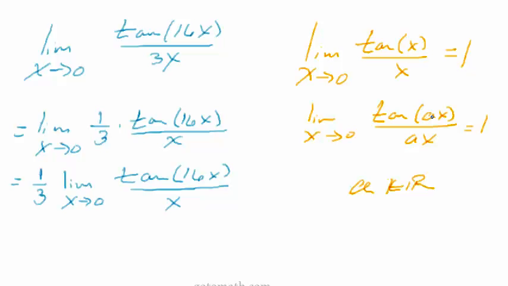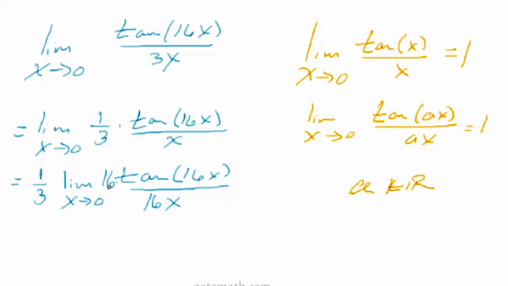Now when we look over here, whatever's in the parentheses right here, if the same thing is down here, we know if we take the limit as x approaches 0 that it's going to be equal to 1. So if I throw a 16 in here, I must put a 16 up here in the numerator. Okay, I have to do that.